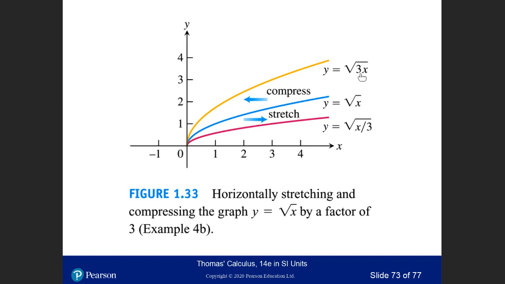Now, if you want to stretch horizontally, you divide x by 3. So that's compression by a factor of 3, and that's stretching horizontally by a factor of 3. So that's the pictorial representation of the graph.